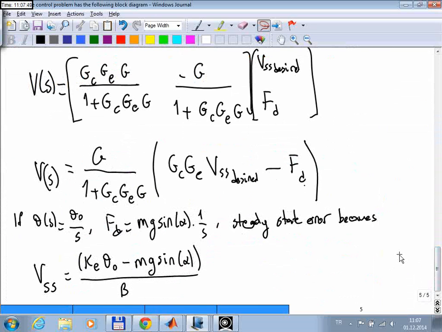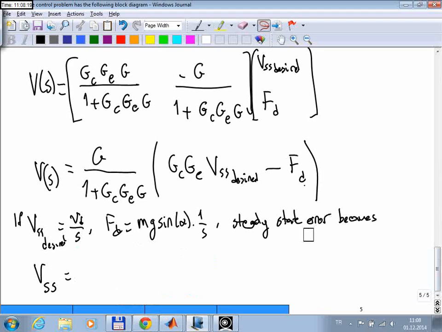If Z is a step function, and again the FP is the same, then steady state error becomes, not steady state error, steady state speed.